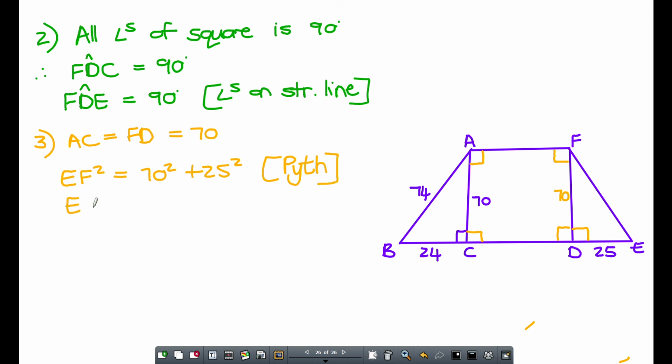So EF squared is going to be 70 squared plus 25 squared, which is 5525. So EF will then be the square root of that.